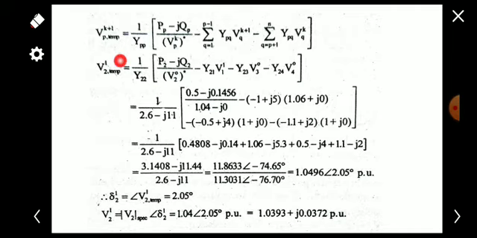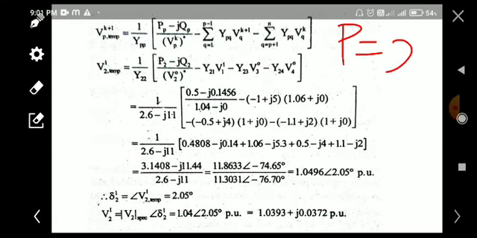For that we are using the same equation here. Vp temporary K plus 1 is equal to 1 by Ypp, the same equation. After calculating this, we take the angle of this temporary value of V2 as the real angle. So here the 1 by Ypp, that is 1 by Y22, we know that, and P2 and Q2 are already given in the question itself, and V2^0 and this term also, that is Q equal to 1 to P minus 1, Ypq Vq K plus 1.